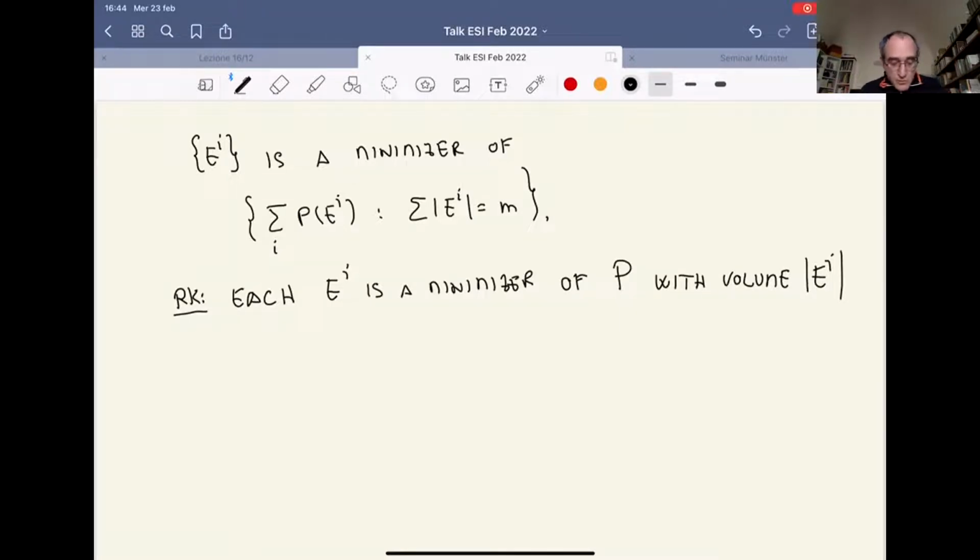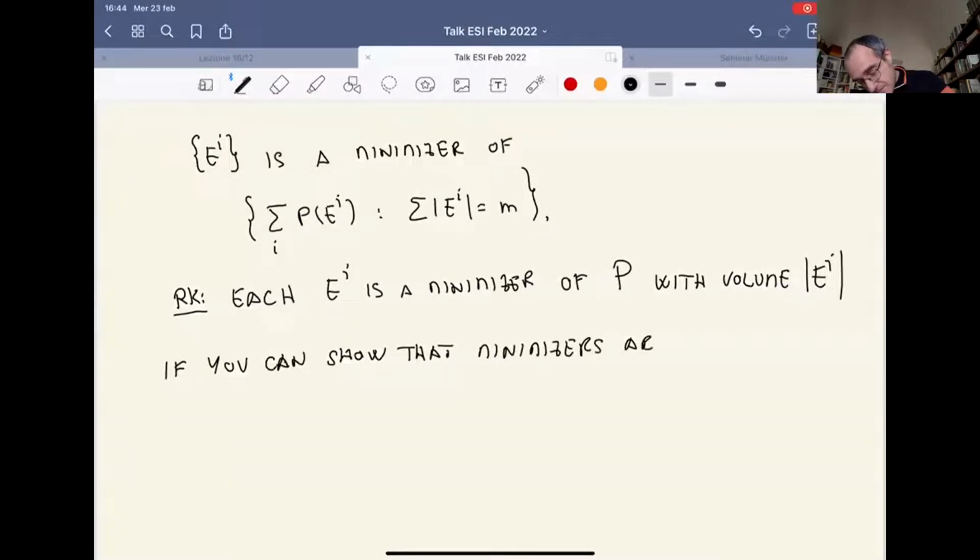Now, how do you conclude? You conclude by some regularity result. If you can show that minimizers are bounded, then you get a minimizer of the original problem.